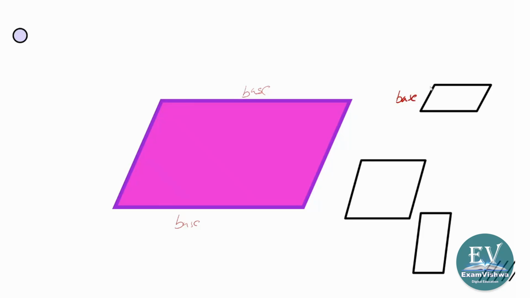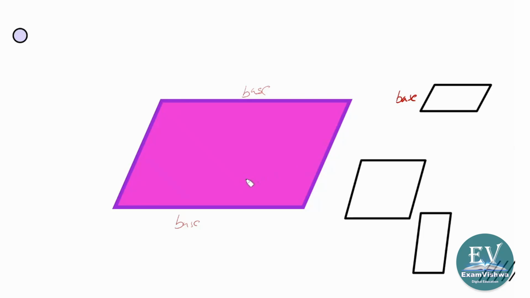Then the height must be from here to here. Sorry, I will take this and draw. The height must be a perpendicular drawn from this base to the height. But the base is having an inclination. Correct? But one should understand the height must be from the base to the opposite side.